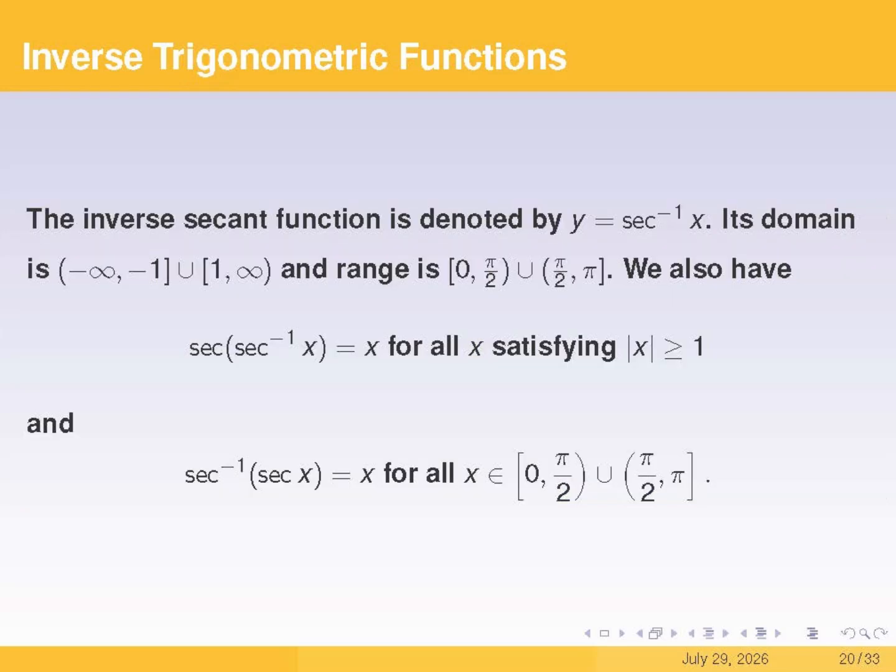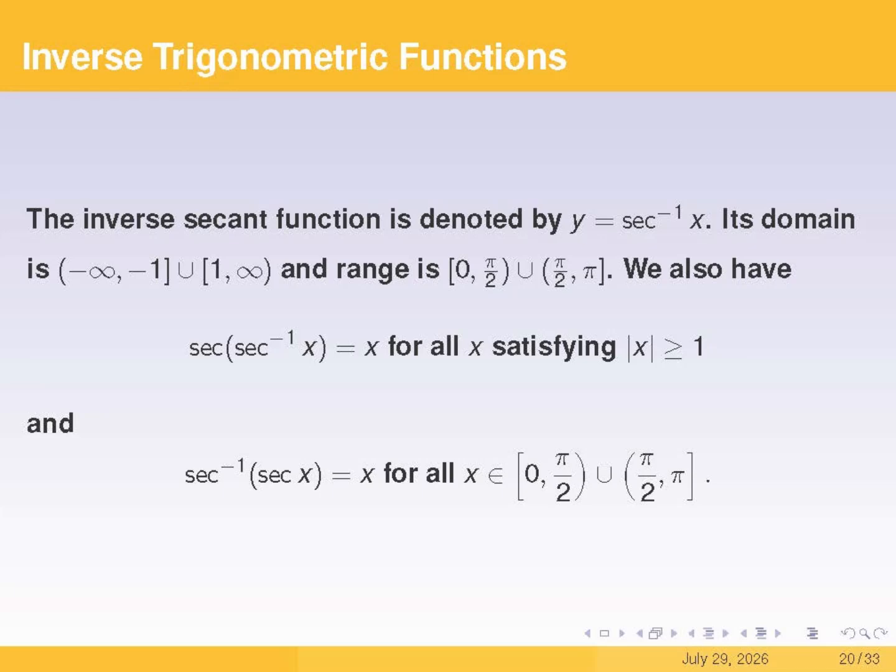We'll continue the discussion on the inverse function of secant, which is represented as y equals arc secant x, as shown on the first line of the screen. The original secant function is not a one-to-one function.